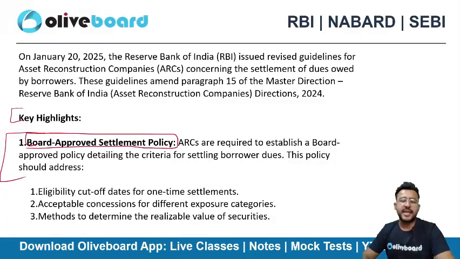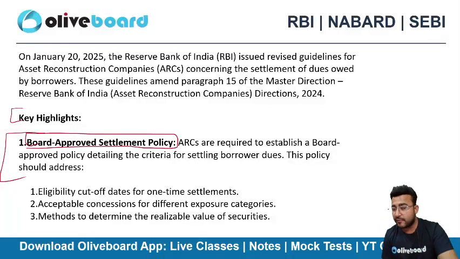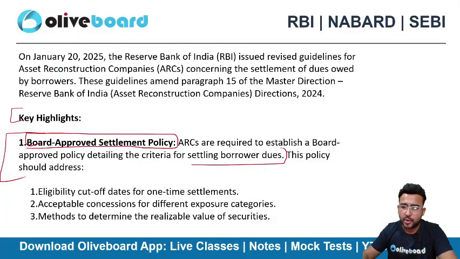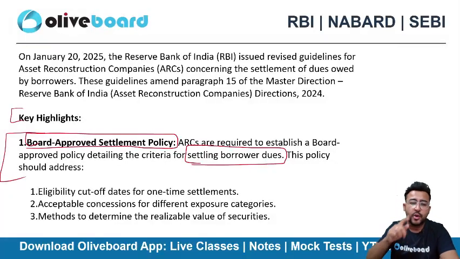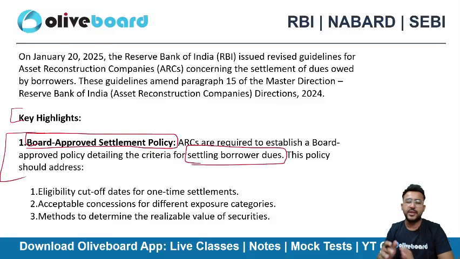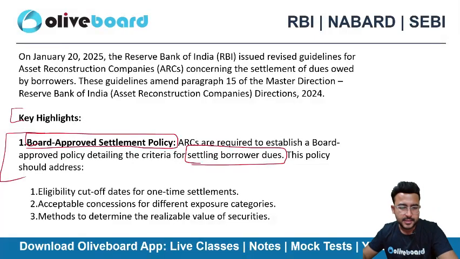Now you cannot just directly settle things, you need to have a board approved settlement policy defining criteria related to the settlement of borrower dues. So if the borrowers are not paying the money, there are settlement criteria that need to be already approved by a board. That means you need to have a policy in place.